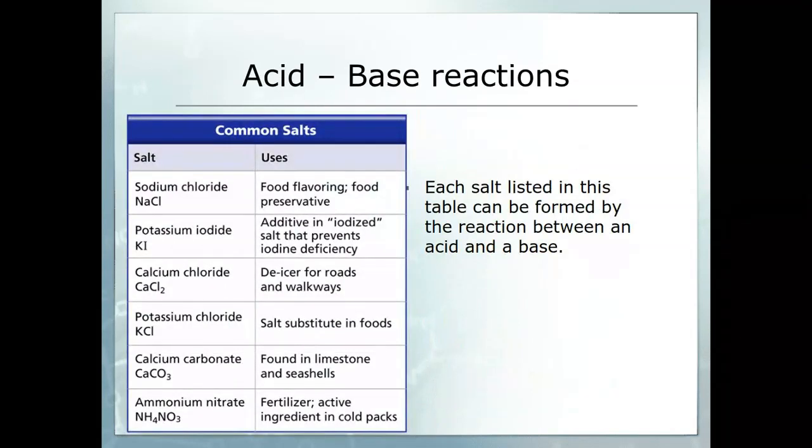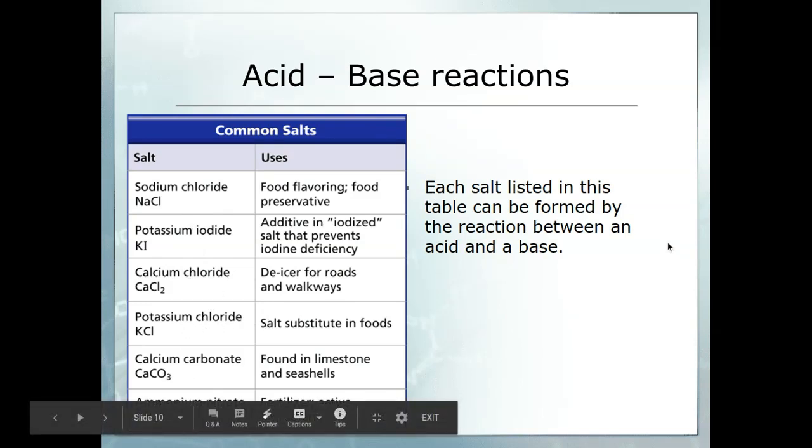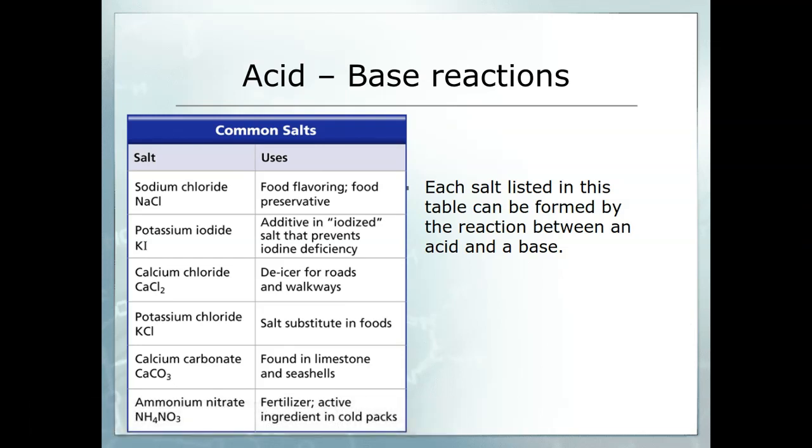When you do combine them, one of the things you get is a salt. A salt is formed from the reaction between an acid and a base. So you get sodium chloride, potassium iodide, calcium chloride, potassium chloride, calcium carbonate, and ammonium nitrate.